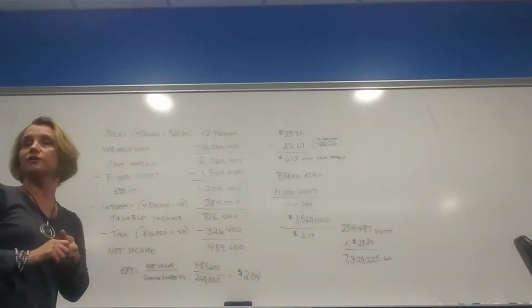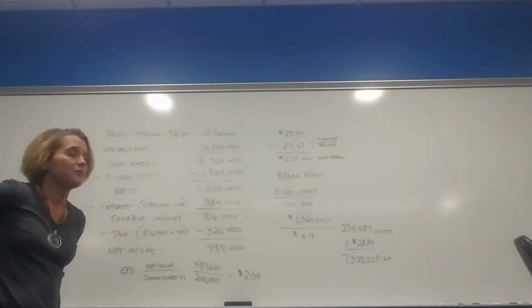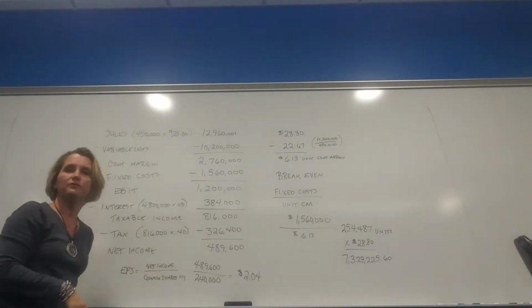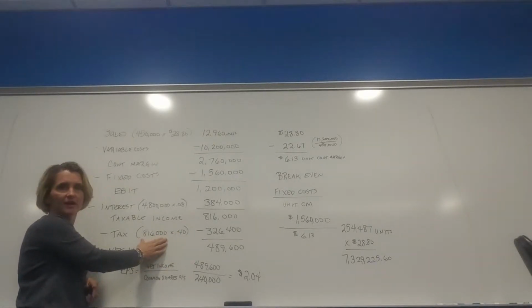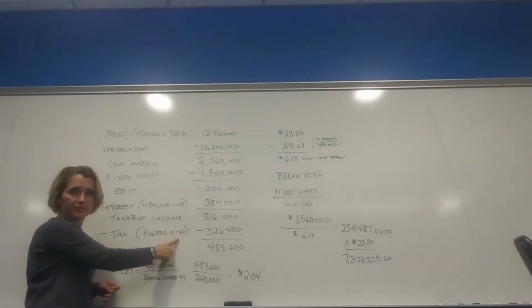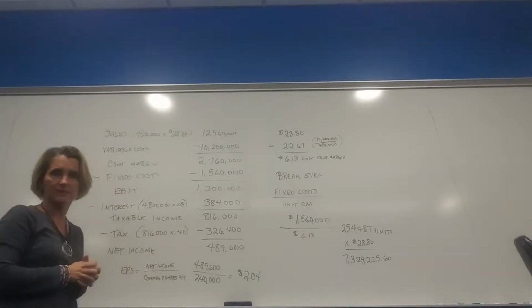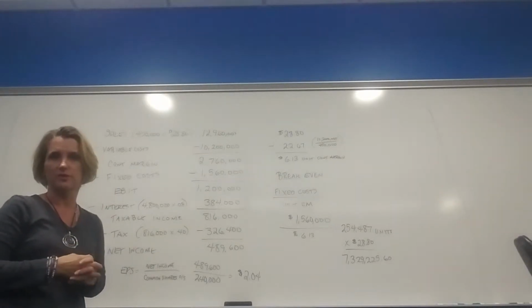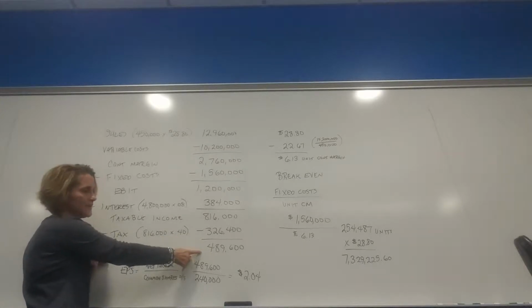So we have $816,000 of taxable income. The problem also tells us that they're in the 40% tax bracket. So we're going to take that $816,000 of taxable income, multiply it by the 40%, and that gives us our income tax expense of $326,400. Okay, then we subtract that out, and that leaves us net income.